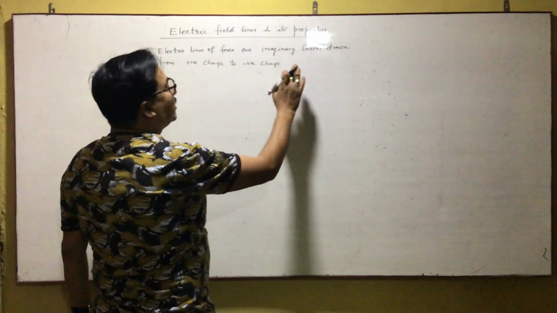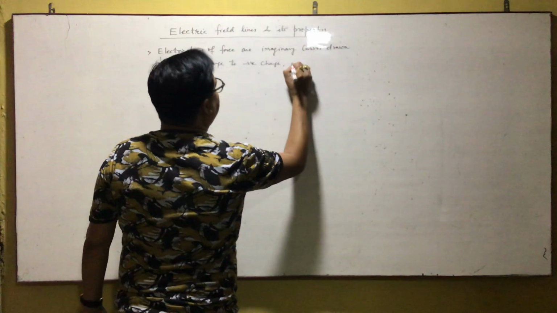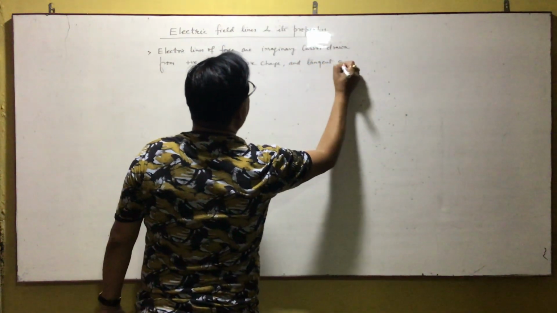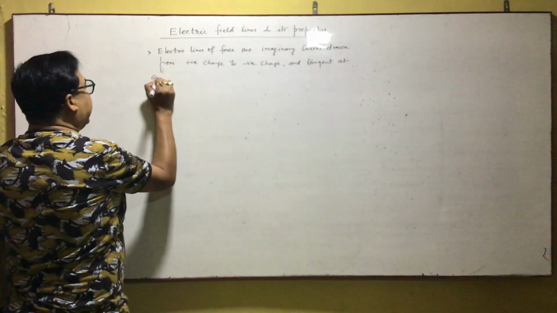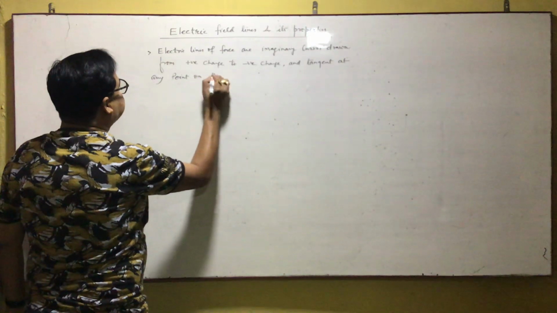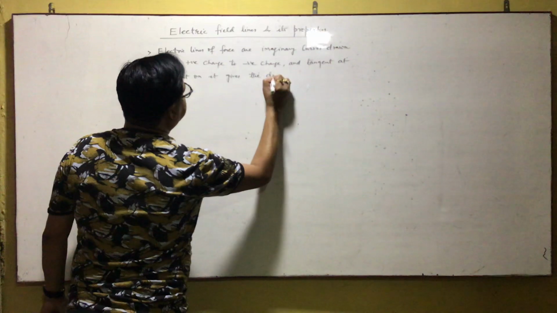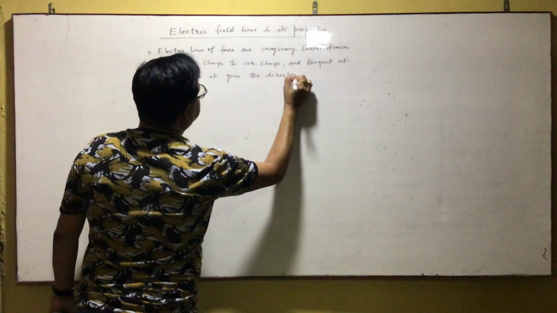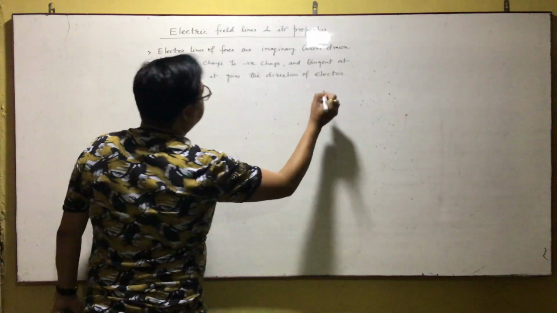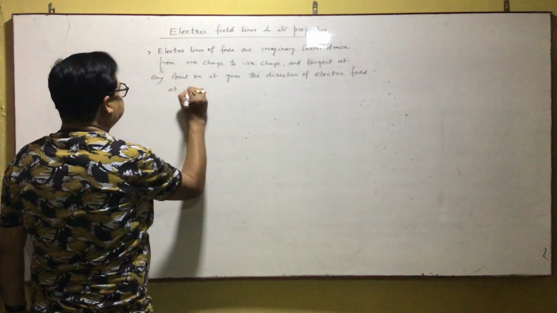Electric lines of force are imaginary curves drawn from positive charge to negative charge and tangent at any point on it gives the direction of electric field at that point.